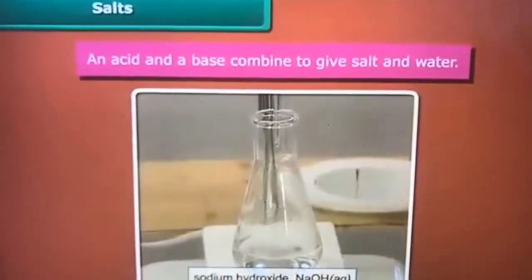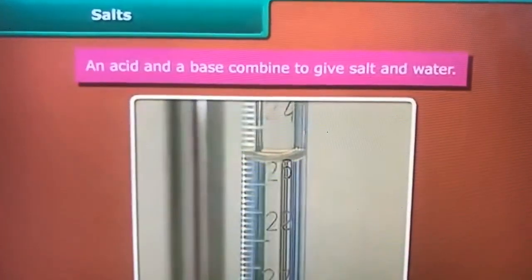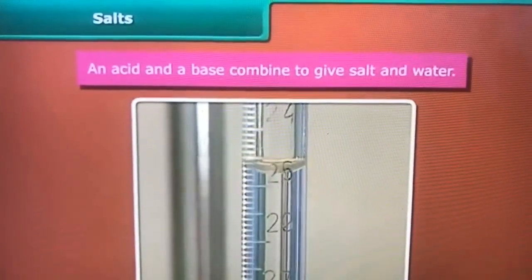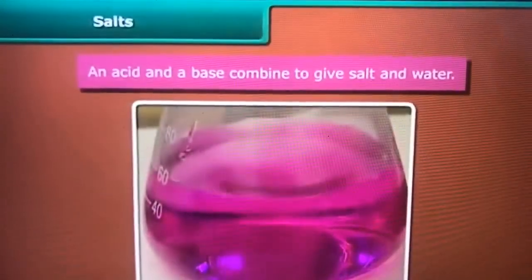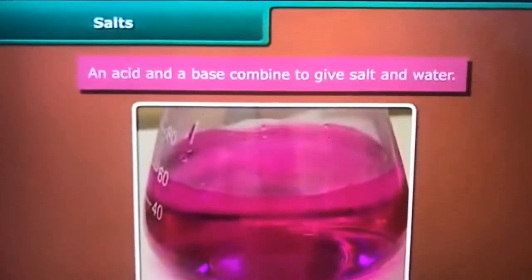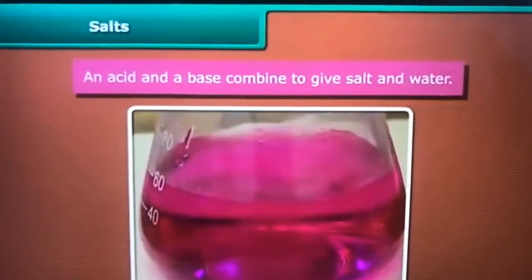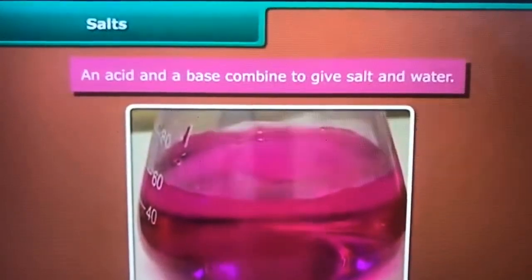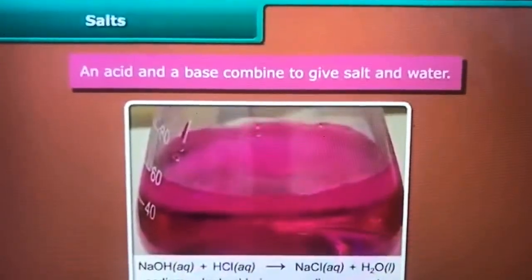At a certain point, the indicator changes color, which means that the acid completely neutralized by the sodium hydroxide and some excess hydroxide ions are present in the solution. Reaction produced to salt, sodium chloride, and water. The reaction of acids and bases is also known as neutralization reaction.